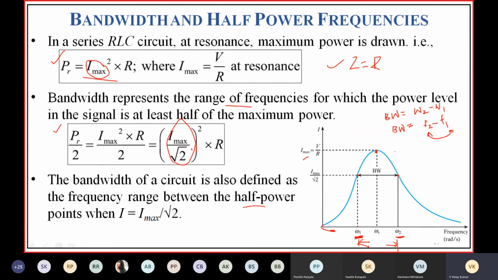What is the bandwidth now? Bandwidth is the difference between two frequencies, upper cutoff frequency and lower cutoff frequency, right? So how can you define bandwidth?